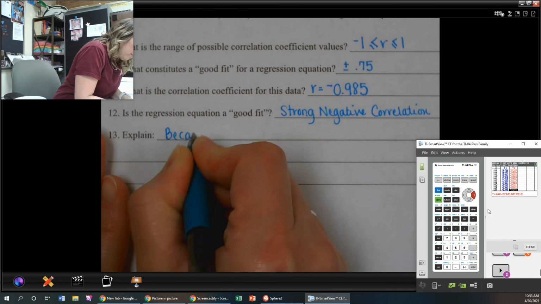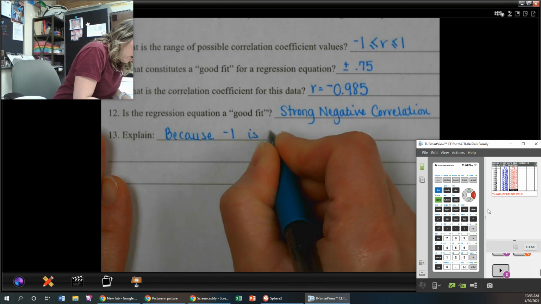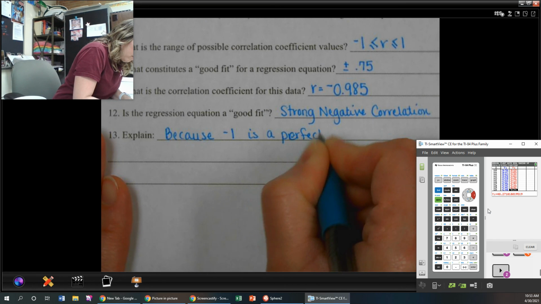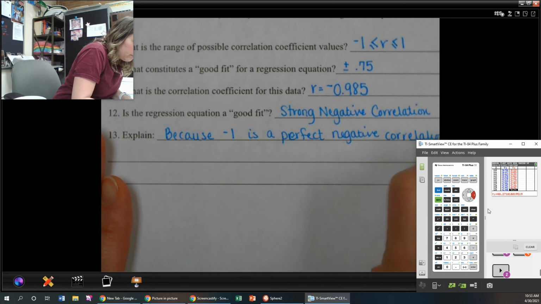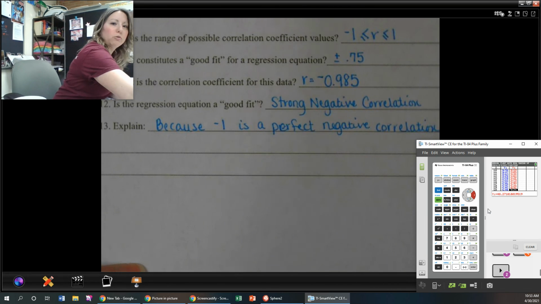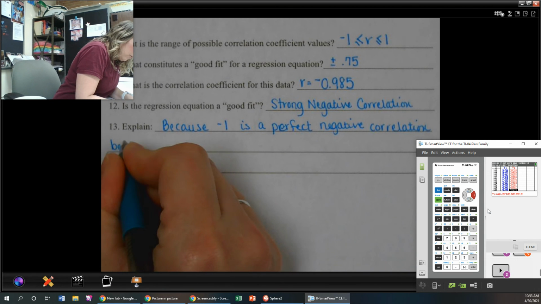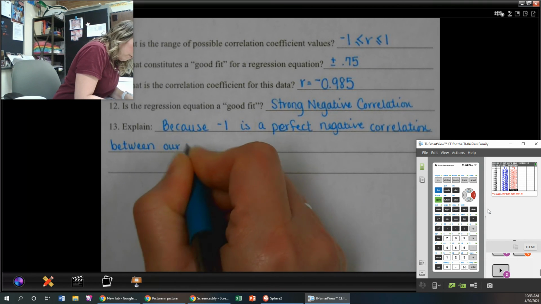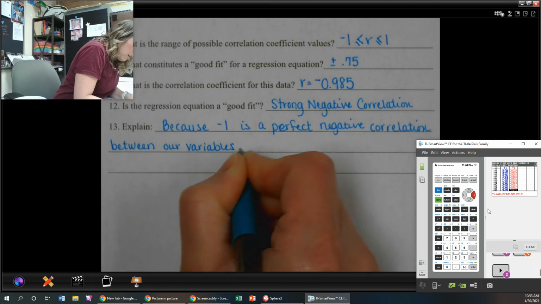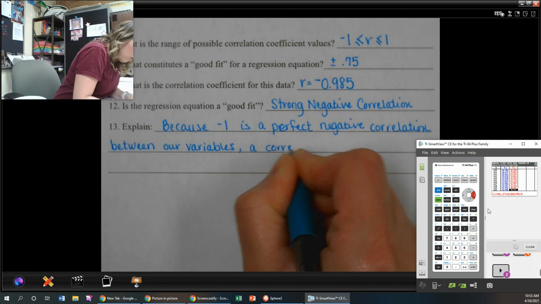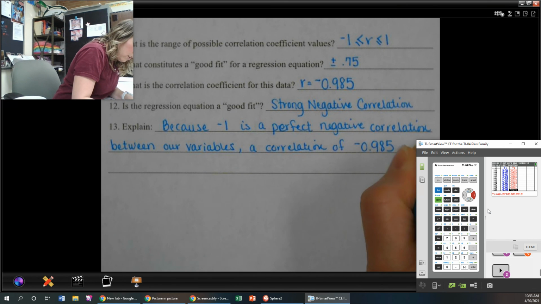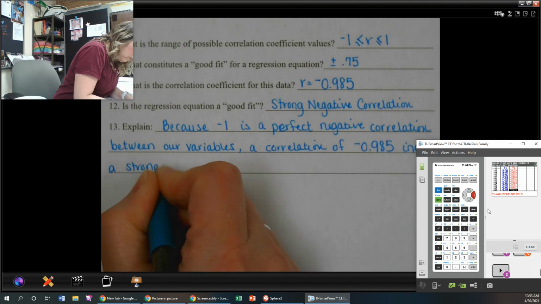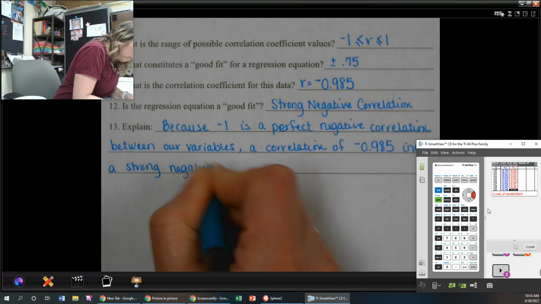Because -1 is a perfect negative correlation between our variables, a correlation of negative 0.985 indicates a strong negative relationship.